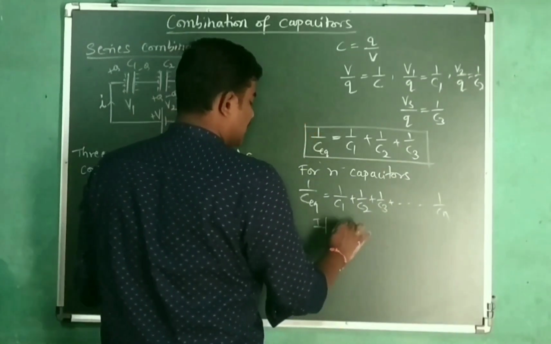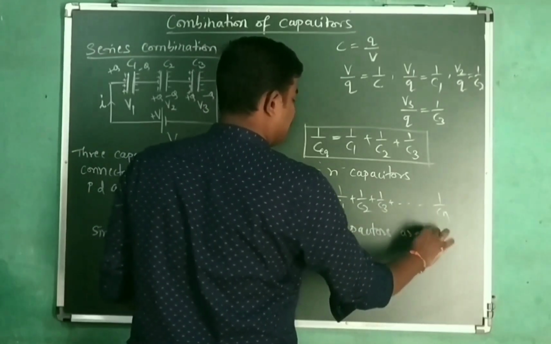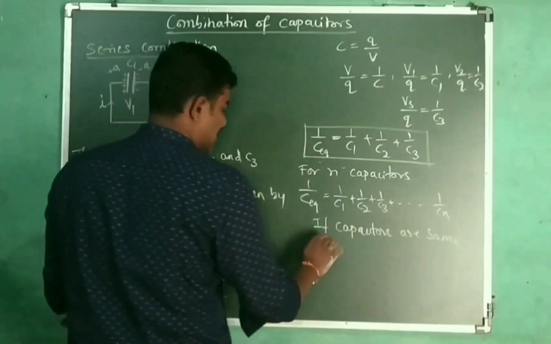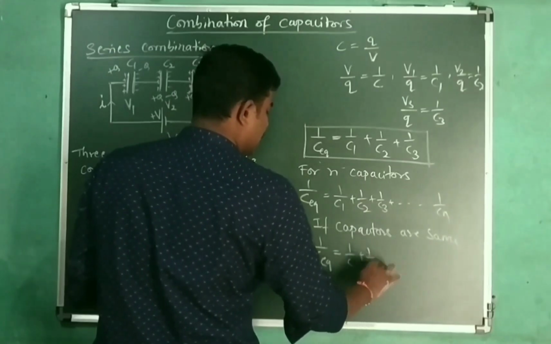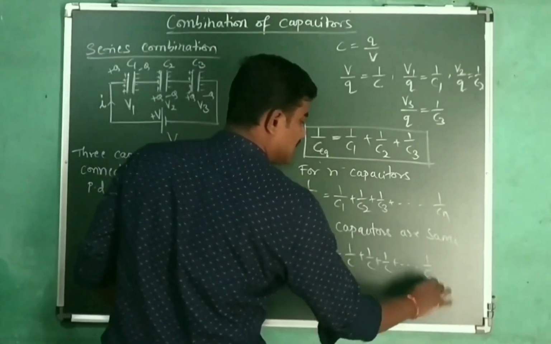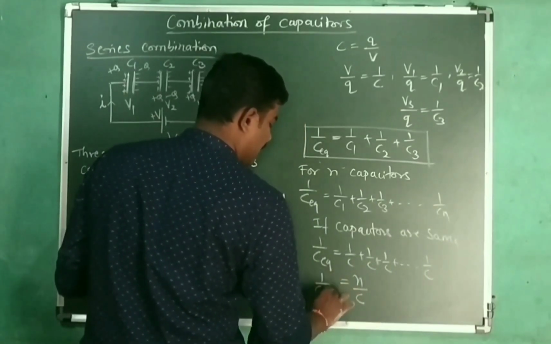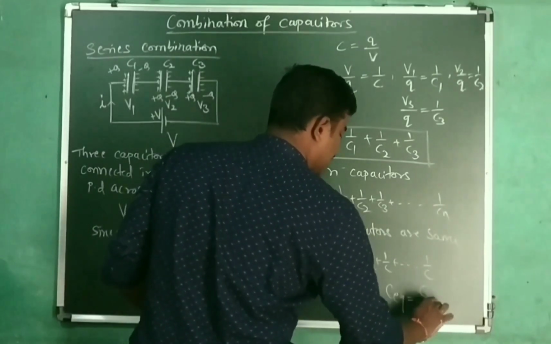If all the capacitors are having the same value, then the effective capacitance will be 1 by C equivalent equal to 1 by C, 1 by C, 1 by C, so on up to 1 by C n times. Therefore it is n divided by C, 1 divided by C equivalent, or C equivalent is equal to C divided by n.